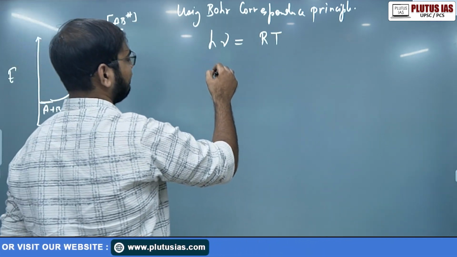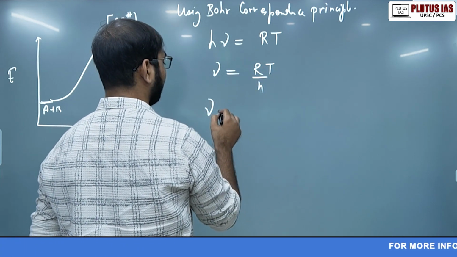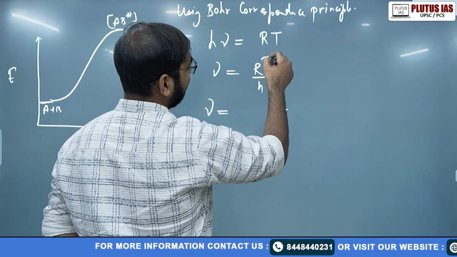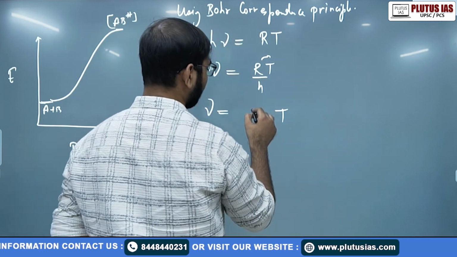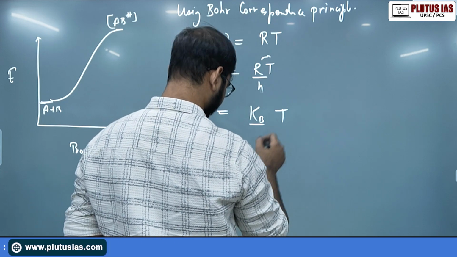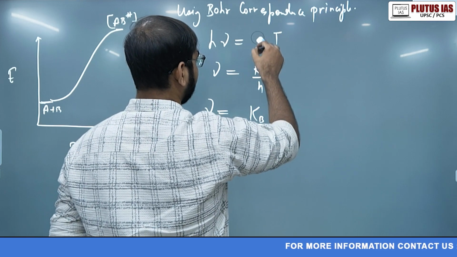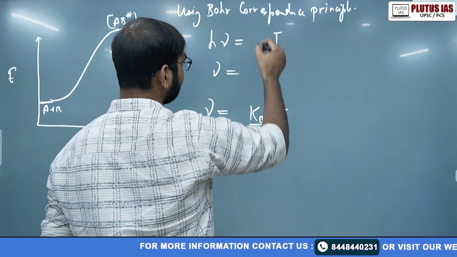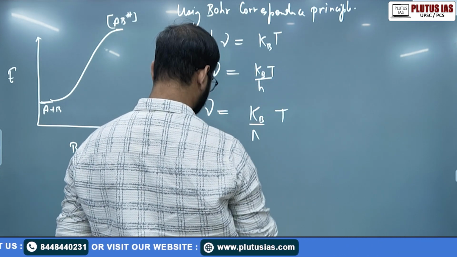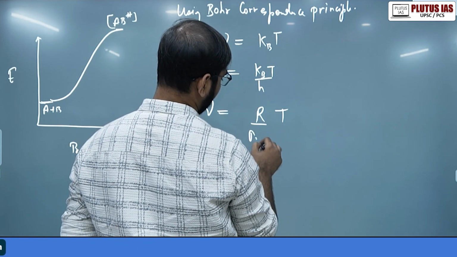So here the frequency nu will be RT upon h. But since we are talking about molecules, the number of molecules plays a significant part. So we'll represent this R in the form of Kb, the Boltzmann constant, so it should be given by Kb T divided by h, and this Kb can be written as R upon N naught.